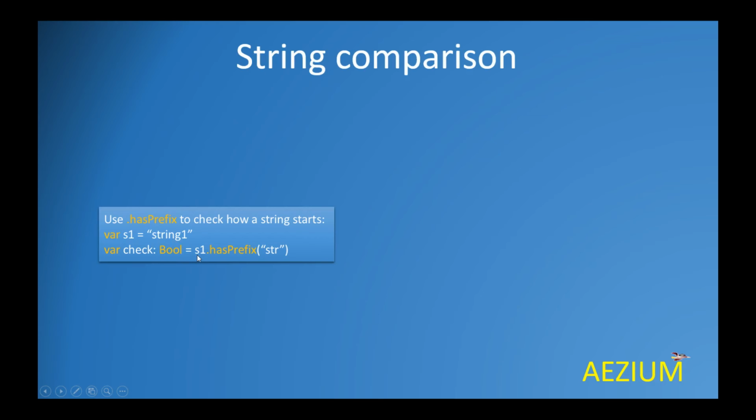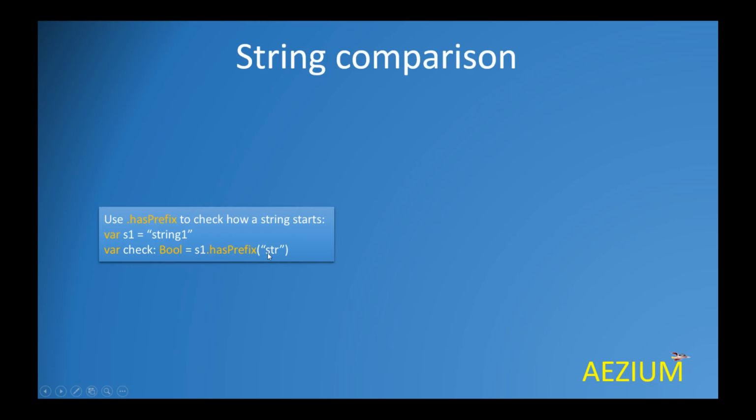Then we use this arrangement where s1 is the name of our string variable, followed by dot has prefix, which is the keyword I mentioned here. Within brackets, we have the pattern that we are after, in this case str, and whatever the return value of this is going to be is assigned to check.